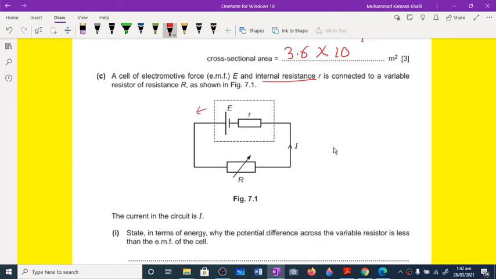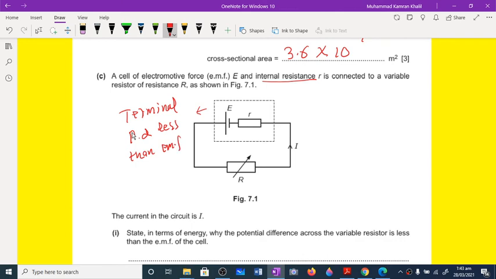The terminal potential difference, called the terminal PD, is always less than the value of the EMF.